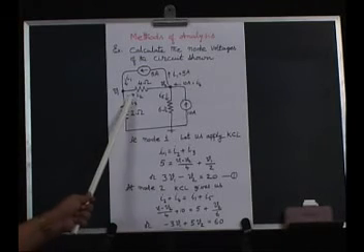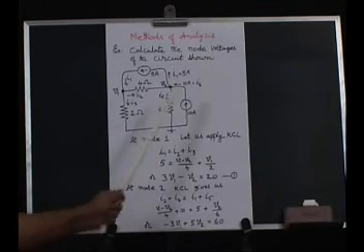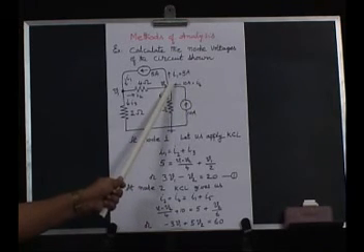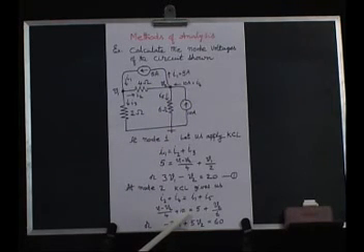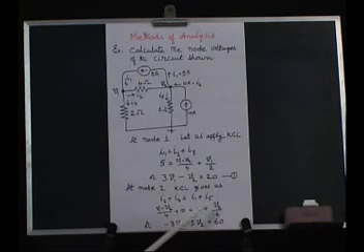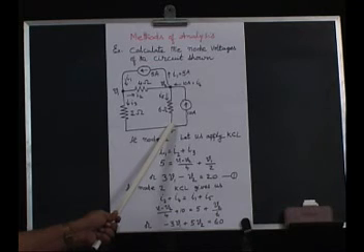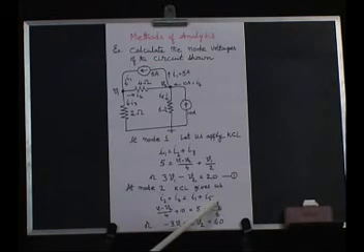I2 is the current flowing in this direction, that's why V1 minus V2 by 4. The other current entering the node is 10 amperes. The currents leaving: I1 is leaving, so it is 5 amperes, and I5 is leaving, so it is V2 by 6. By simplification, it is minus 3V1 plus 5V2 equal to 60.